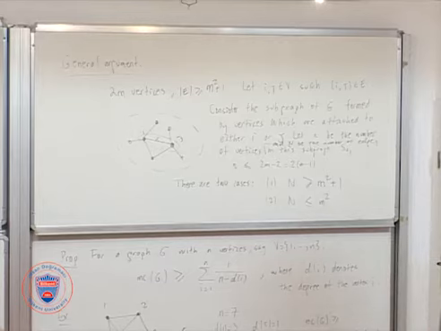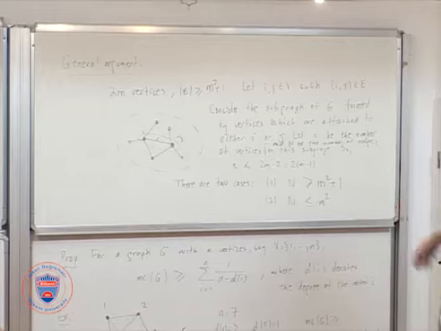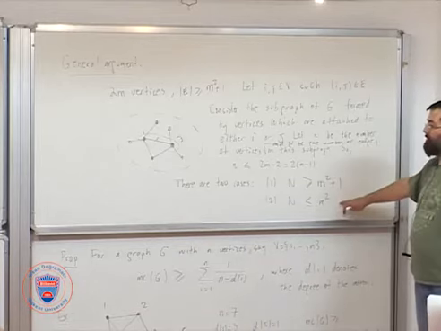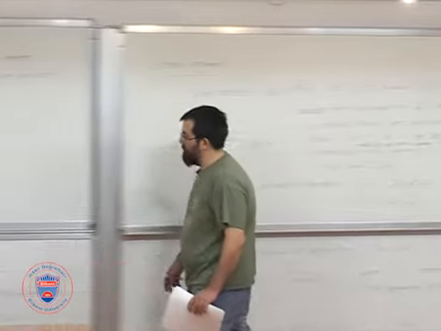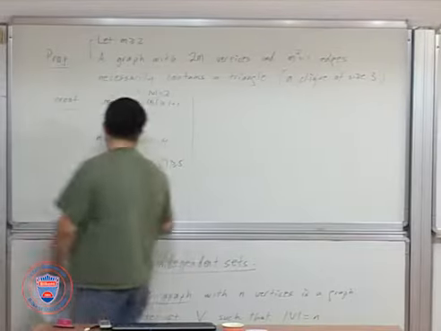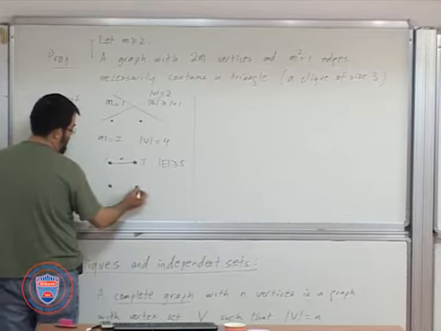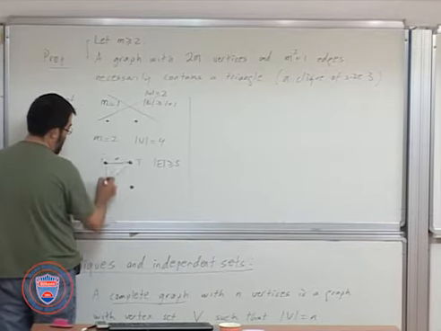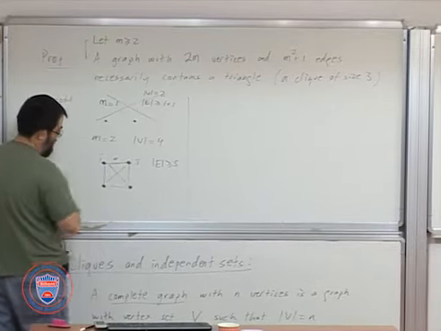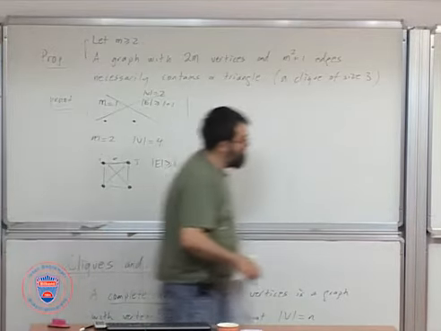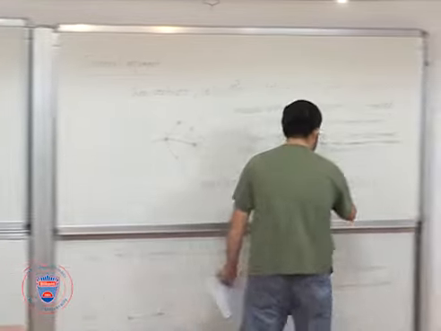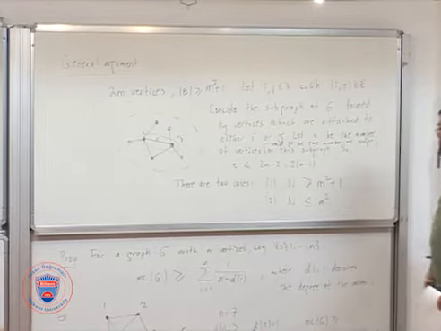M squared is 4. In this case it is always the case, so it will always be too little here. You can only have one edge: 1, 2, 3, 4, 5. So the maximum you get is 5.